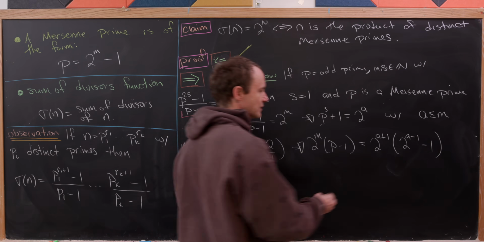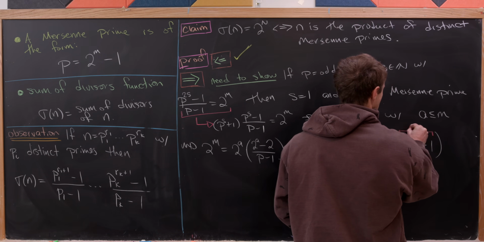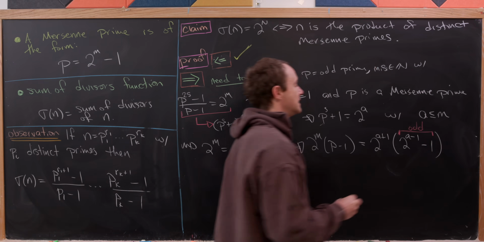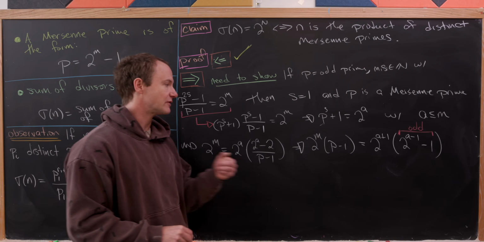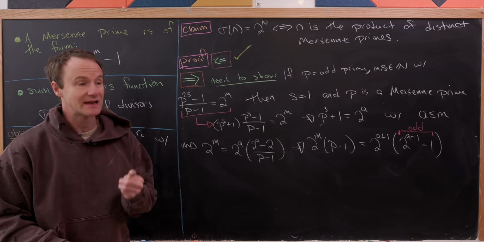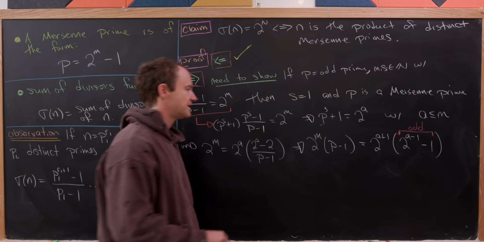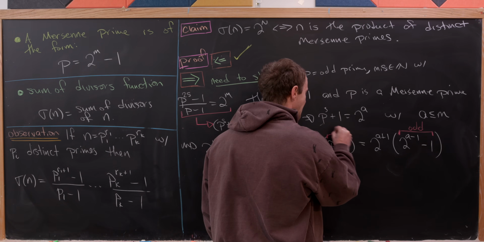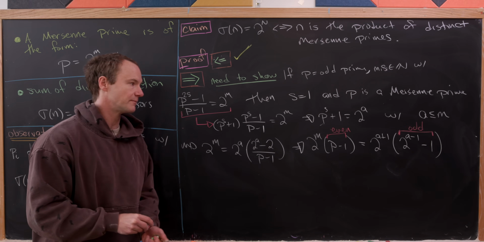But now I'd like to observe that this object right here is most definitely an odd number. The only way that it could be even is for it to be equal to 0, but the left-hand side is pretty clearly not equal to 0, meaning that thing is odd. And then this thing right here, this p minus 1, is an even number because let's remember that p was an odd prime.